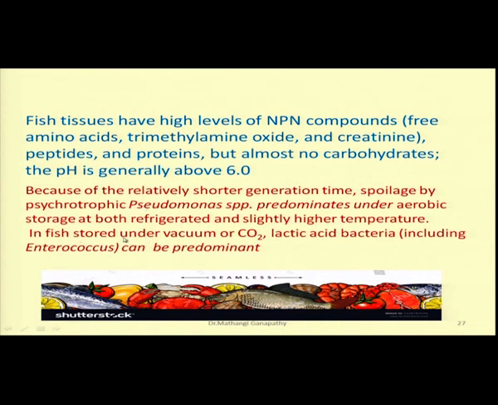And if it is stored under vacuum or in carbon dioxide, the lactic acid bacteria including Enterococcus can be predominant. So, depending upon the conditions of storage, you are going to see changes in the type of microorganisms which predominate. In fish stored by vacuum or by carbon dioxide packing, the growth of aerobic spoilage bacteria is prevented, but you also have anaerobic and facultative bacteria which can grow, including lactic acid bacteria.